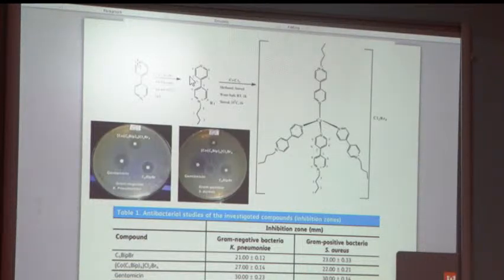Similarly, this is 2,2'-bipyridine, which is a very toxic molecule. Still, these two nitrogen atoms are strongly forming coordination compounds with the metals in the biosystem.